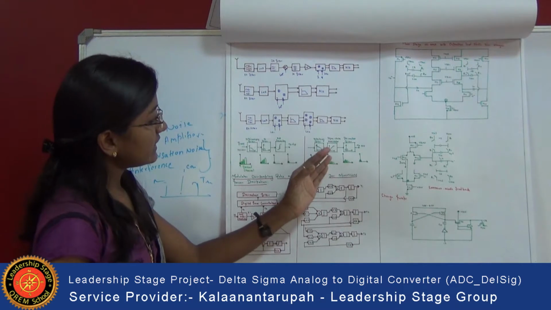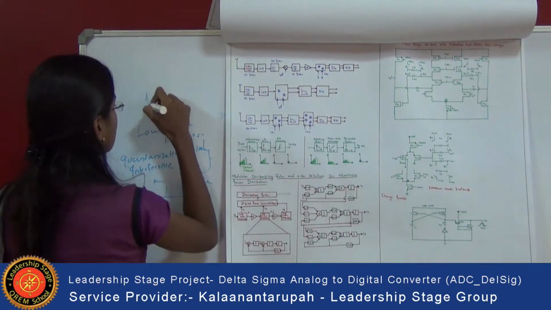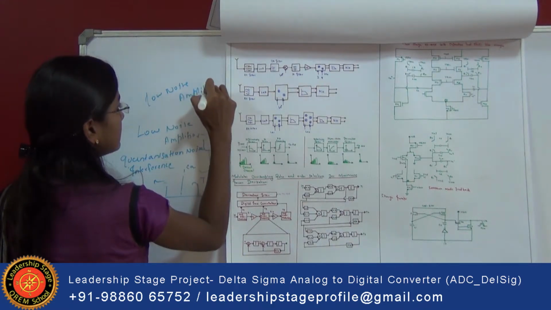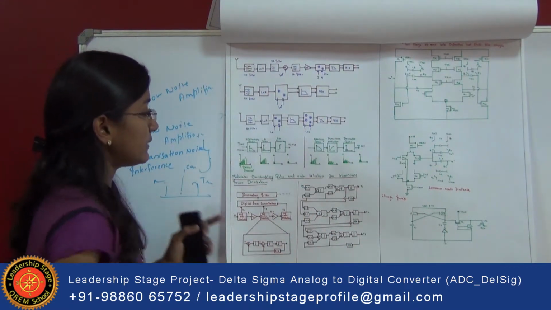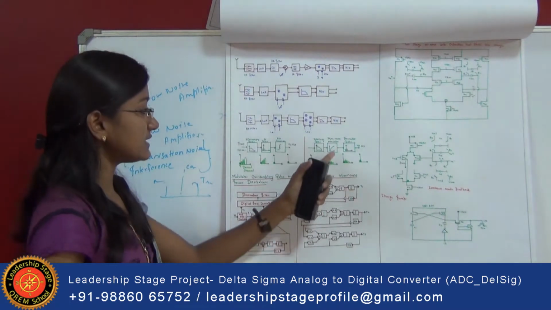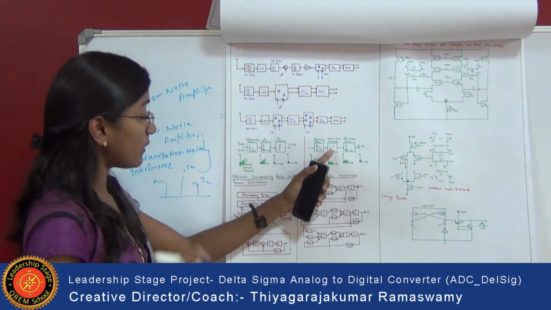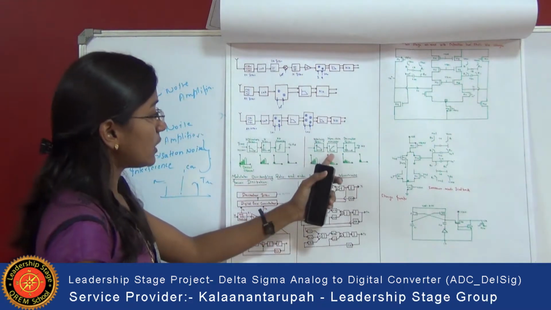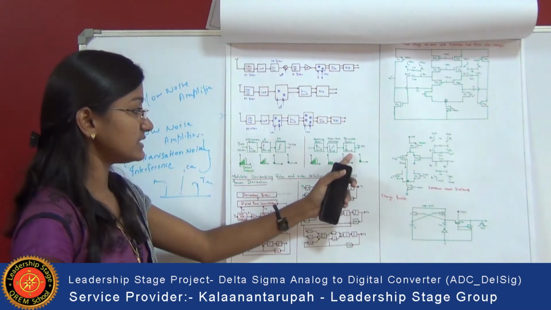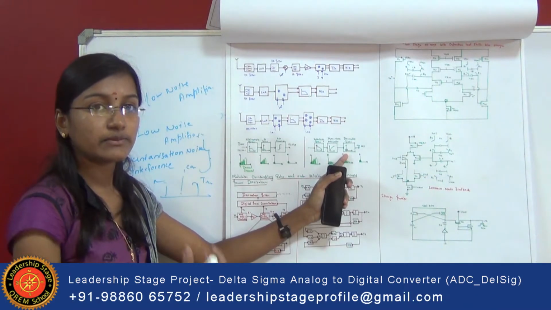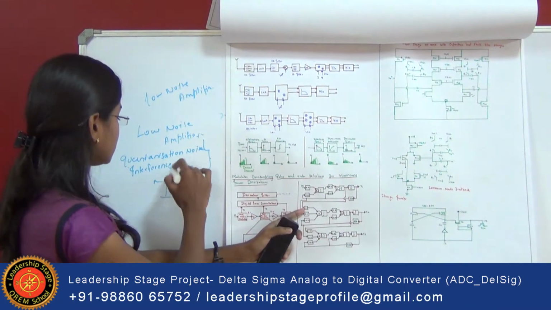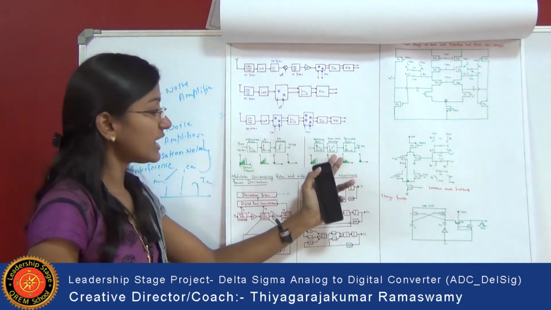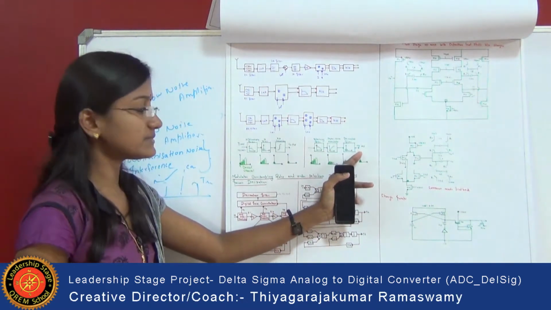So here we are also using a low noise amplifier. If any overloading takes place in this sigma delta modulator, in order to avoid this overloading, we are using this low noise amplifier, and its output is sent to the decimation filter. This decimation filter will filter the quantization noise as well as the interference present in the sigma delta modulator, and the output is sent to this DSP.